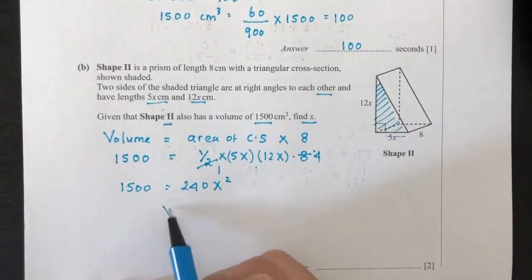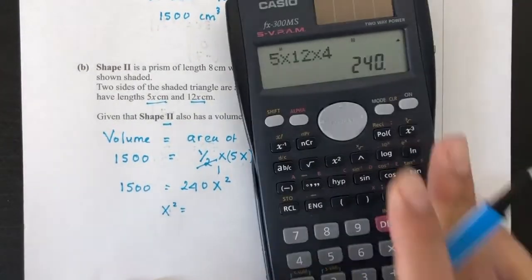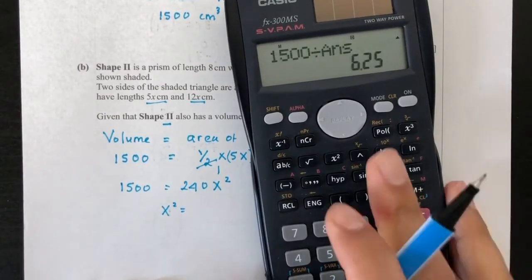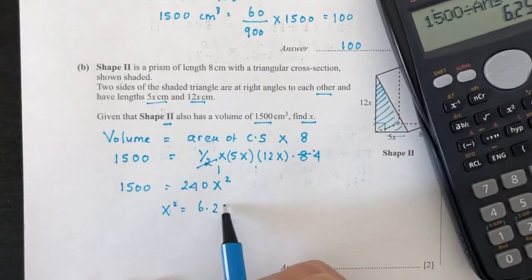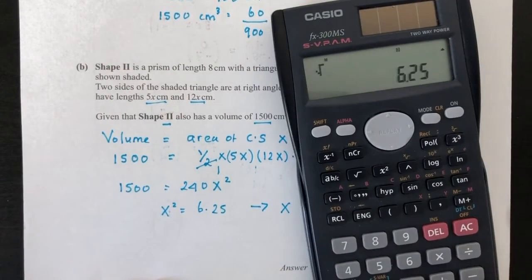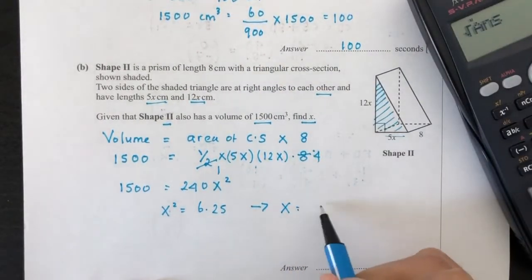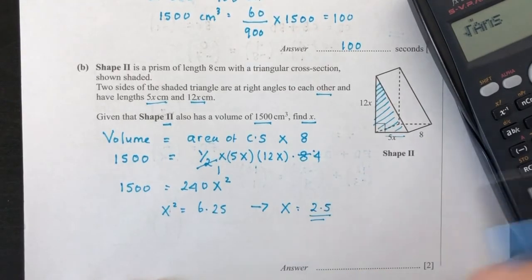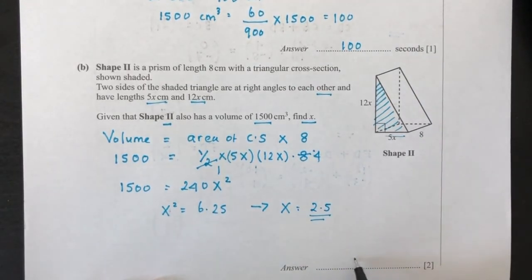So x squared is equal to 1500 divided by answer. That'll be 6.25. From this you will have x is equal to root of answer, that is 2.5. Value of x will be 2.5. That is your part B.